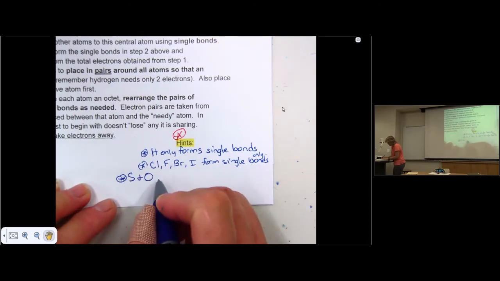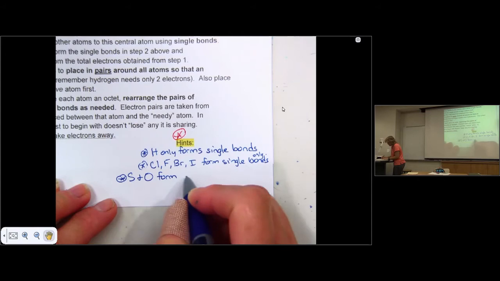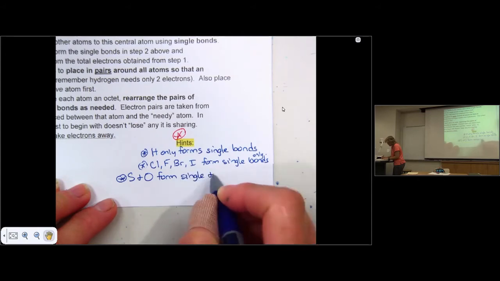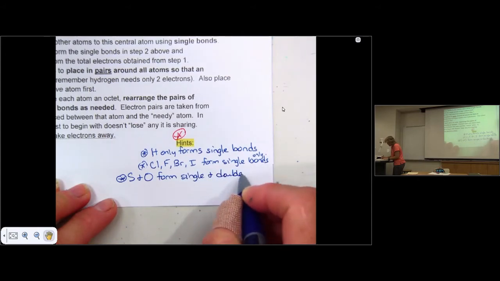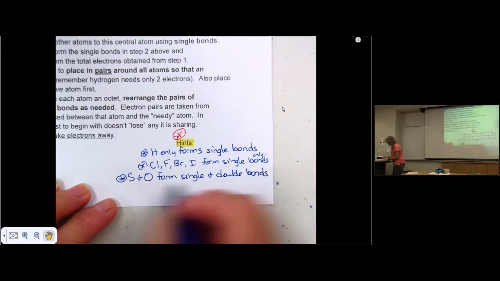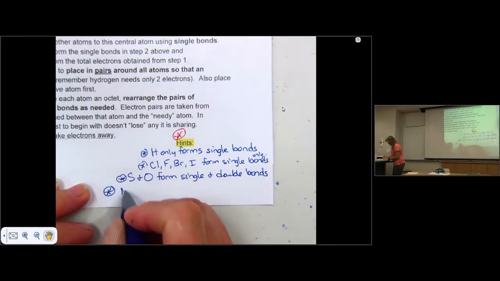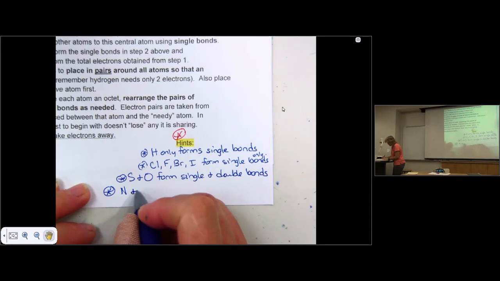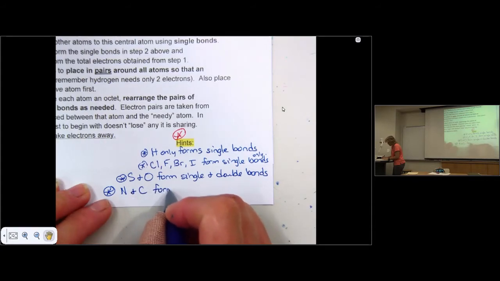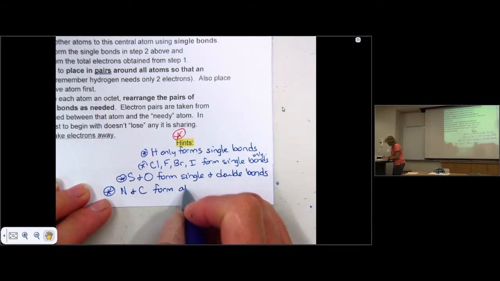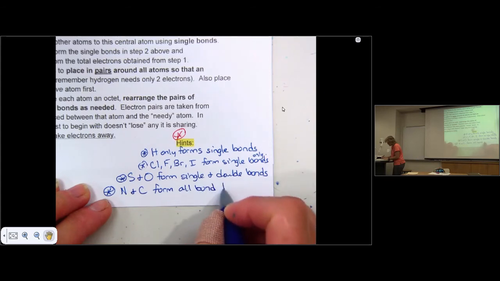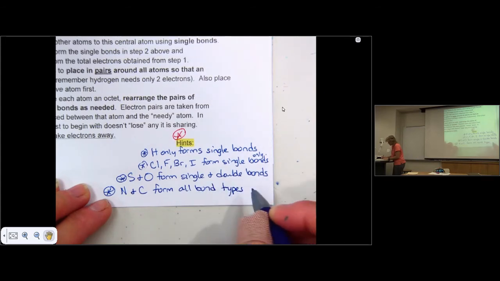Sulfur and oxygen form single and double bonds. And nitrogen and carbon form all bond types, meaning they will form triple bonds.